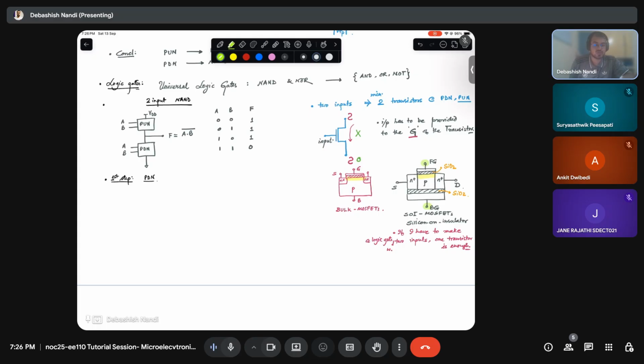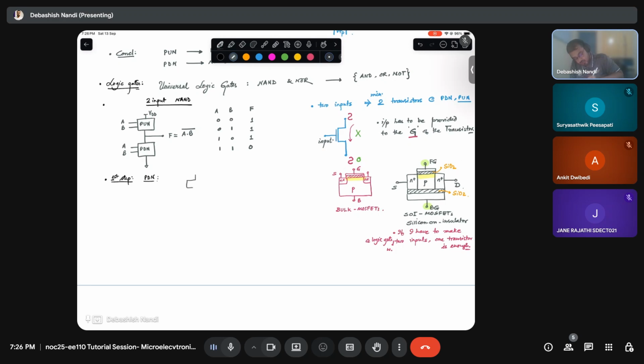It is not always true that a minimum of two transistors are required for two input gates. That is true only if your MOSFET is a bulk MOSFET, the conventional MOSFETs that we are designing. Okay. So if these kinds of tricky questions are asked, you will be able to answer. Fine.